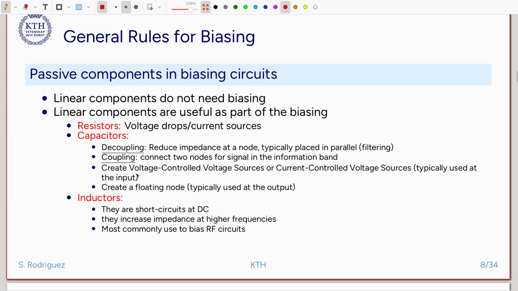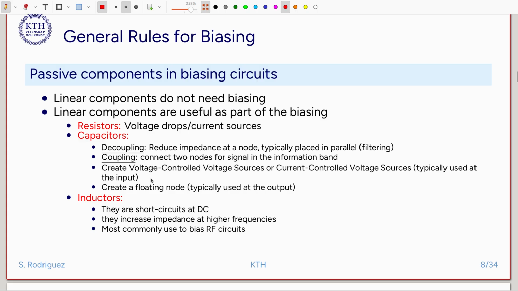So we will see an example. I can create a floating node, typically used at the output. So exactly the same examples that I showed before. The placing of the capacitor leaves the drain voltage floating. So it basically gives the opportunity to create a floating node.